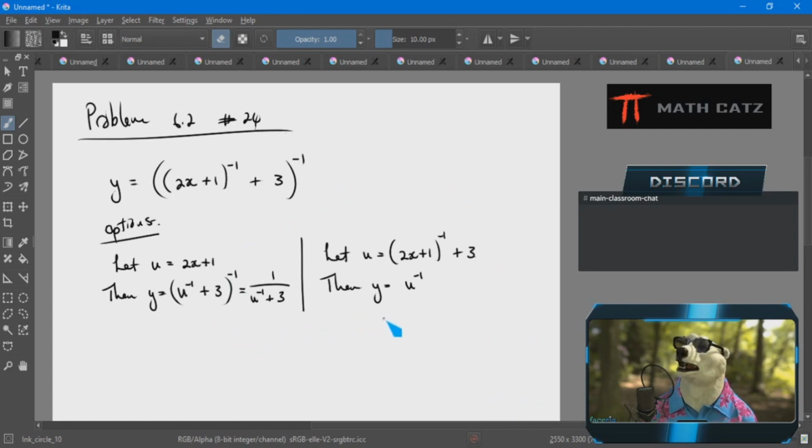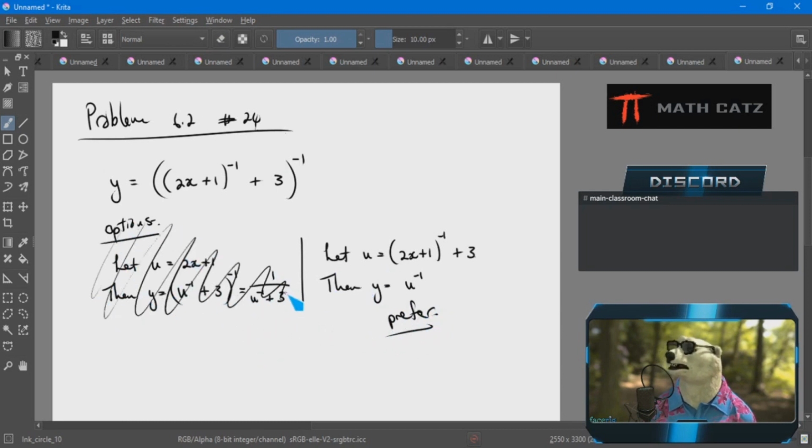I'm going to prefer this. That's my choice. You're welcome to try the other one. You'll still get the right answer. It won't look the same, but it will be the same.